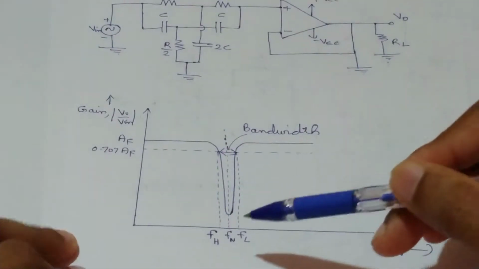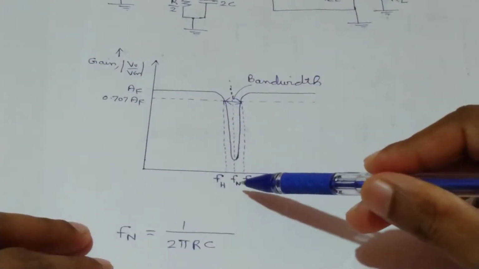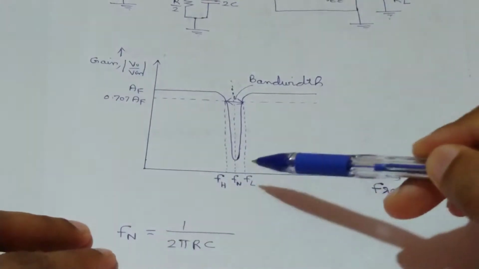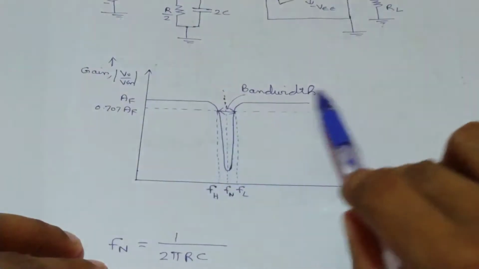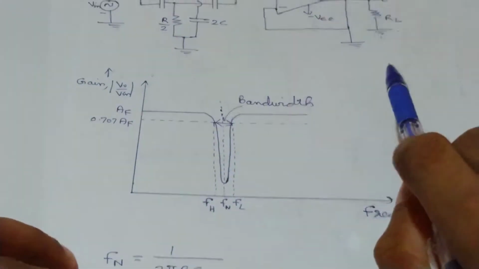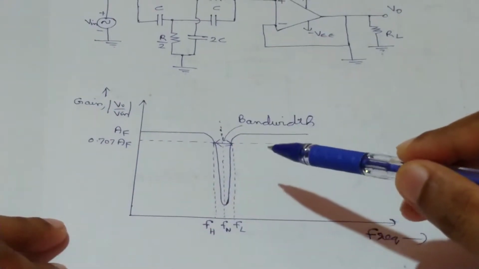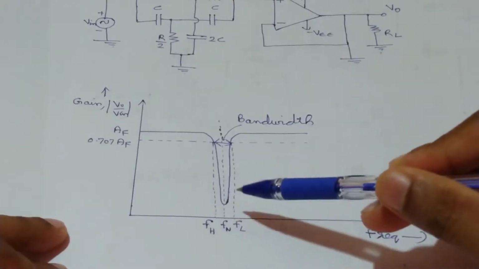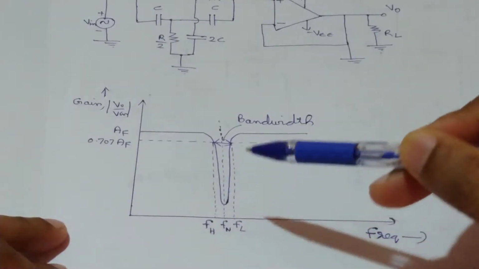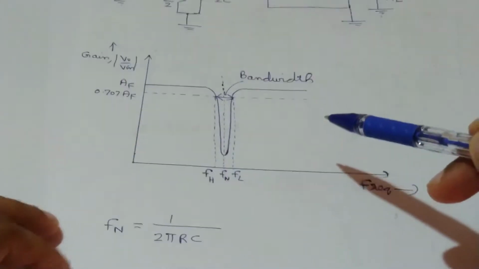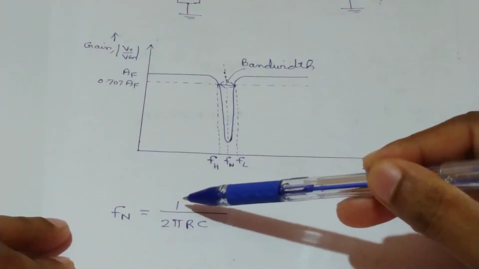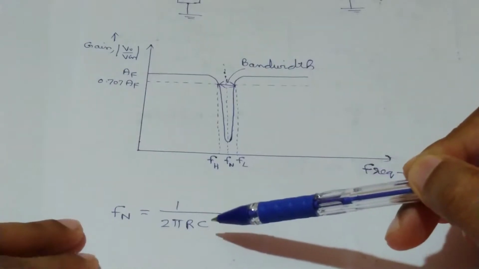If we design this Fn as 1 kilohertz, then we can remove that 1 kilohertz frequency from the band. So this notch filter is used to remove a particular single frequency from a frequency band, and that notch frequency Fn is given by 1 divided by 2 pi RC.